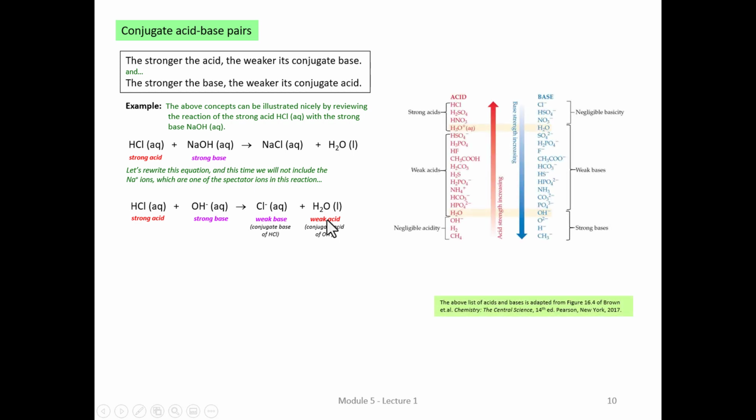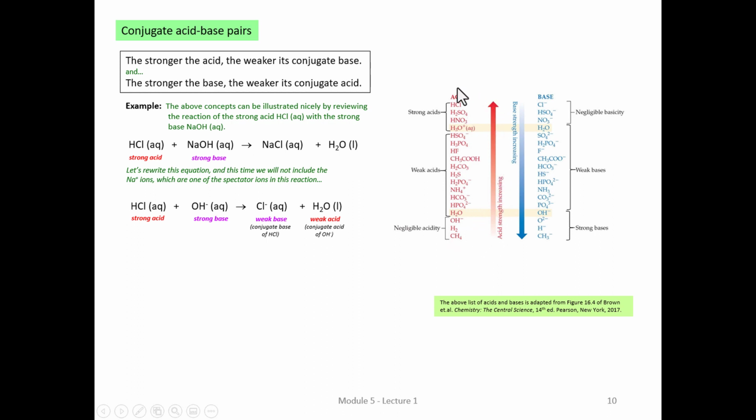Now, one thing you might ask is, how do I go about finding out whether something is a strong acid or a weak acid, a strong base or a weak base, and how weak or how strong? The textbook by Brown, Chemistry: The Central Science, has a nice figure that has acids in order of acid strength.